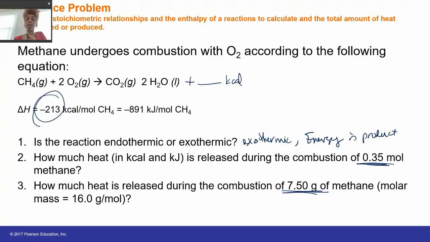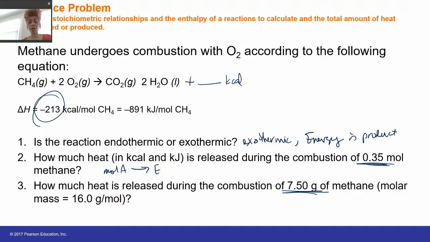Remember, this is stoichiometry, and we have to use our balanced chemical equation to help us solve this problem. And remember, we're thinking about grams of A to moles of A, moles of B to grams of B. For number one, we're going to go from moles of A to energy.